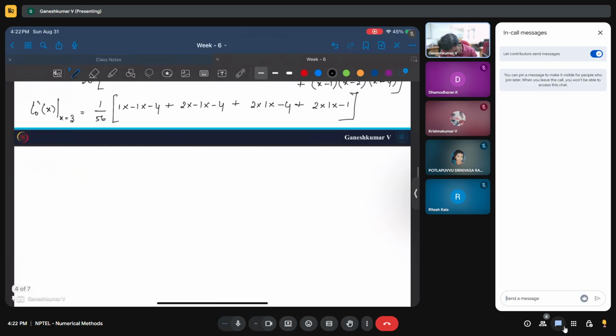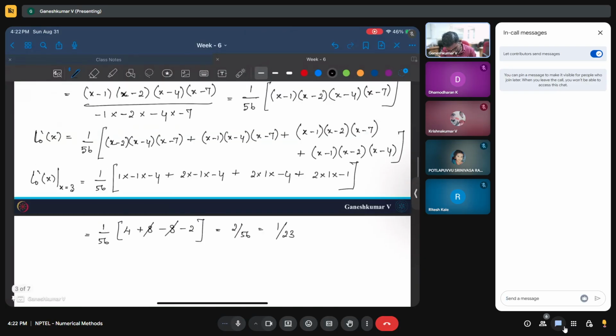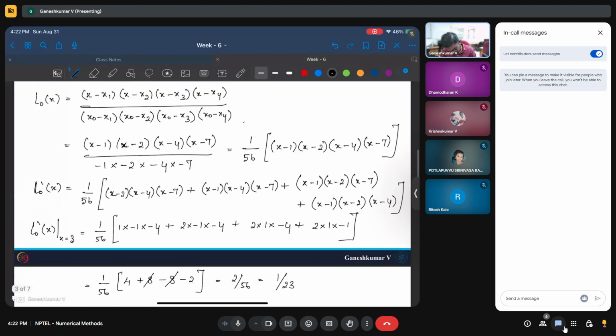Yeah, and so you can write it as 1 by 56. This is 4, this is 8, then minus 8, and then minus 2. So this is nothing but 2 by 56, which you can write as 1 by 28. Okay, this is your L naught dash of x.